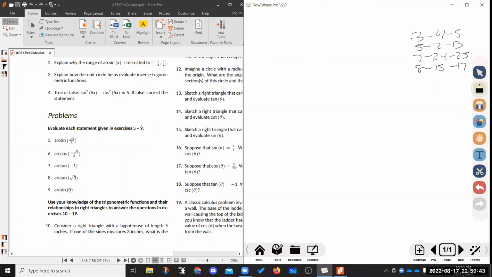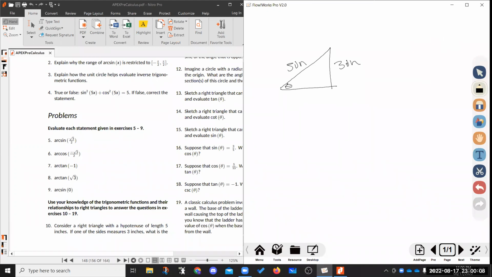So in this problem, it says consider the right triangle whose hypotenuse is 5 inches, and there's a given side across from our angle that measures 3 inches, and they want us to find the tangent of that angle.